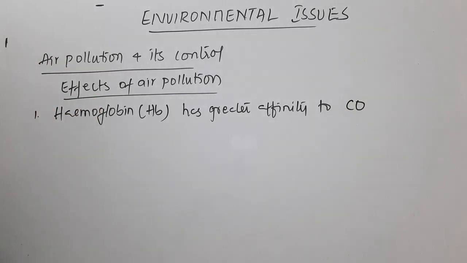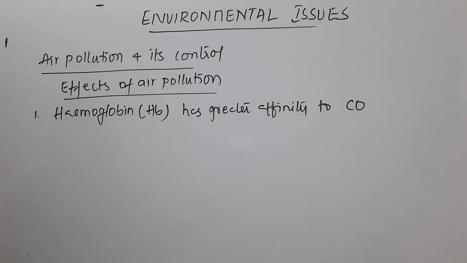We know this carbon monoxide is released from automobiles. Every hour a lot of automobiles come onto the road, and they release a lot of air pollutants into the atmosphere.